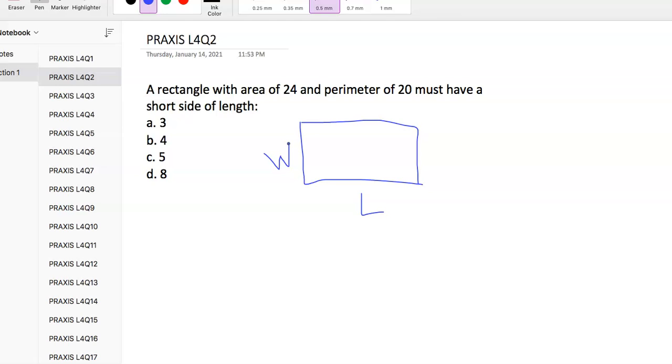And there's ways to get it correct doing that, but one of the nice things about standardized tests is you don't have to show your work. So what I would do is just plug in these numbers and see which one works. Okay, so if I plug in 3, let's say, and we said the area is 24, that would mean this would have to be an 8.